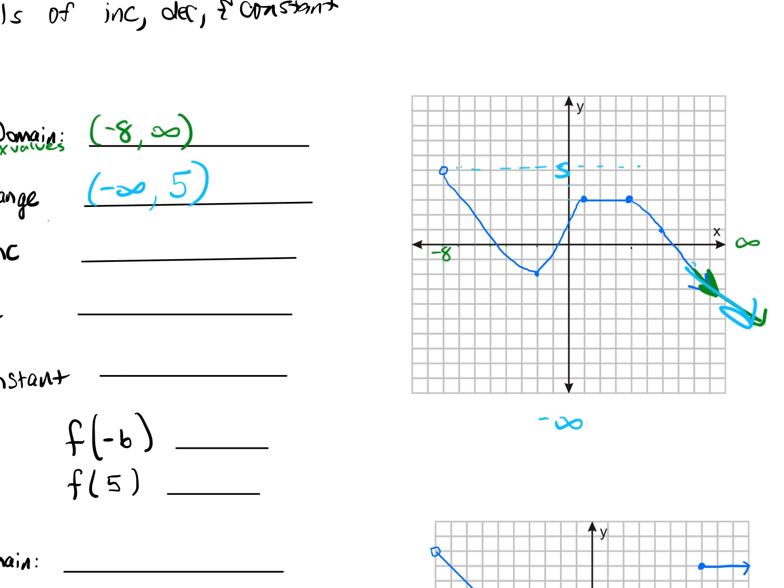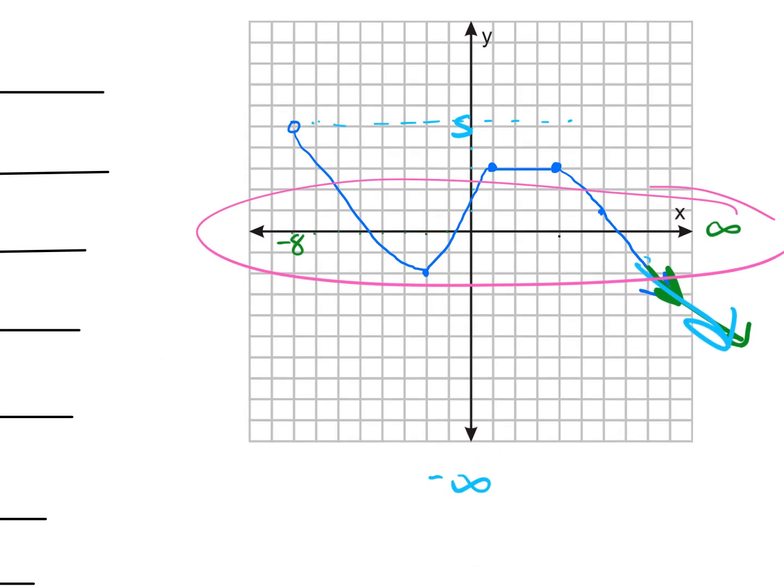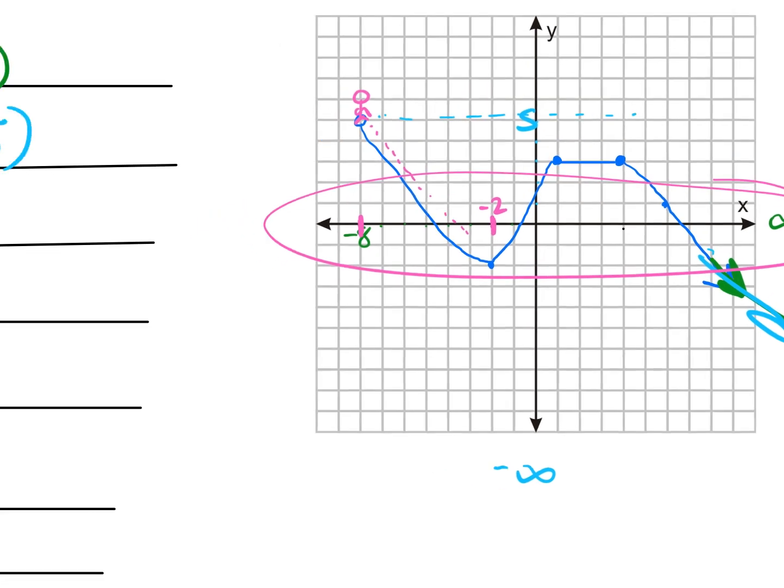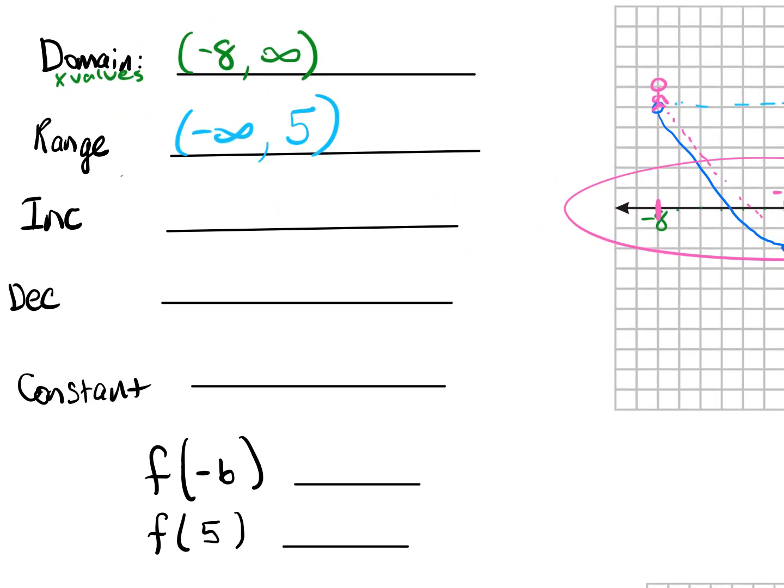Now let's do increasing, decreasing, and constant. So here, we're only looking at the x values. If I was a person, I'd start at the left side of my graph. Would I be walking uphill or downhill? Downhill until what value? -2. So I start decreasing at -8 and I stop decreasing at -2.